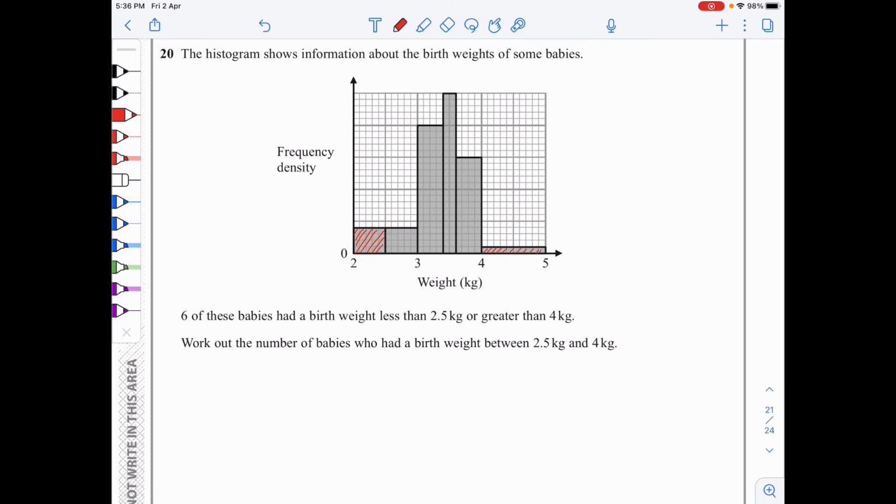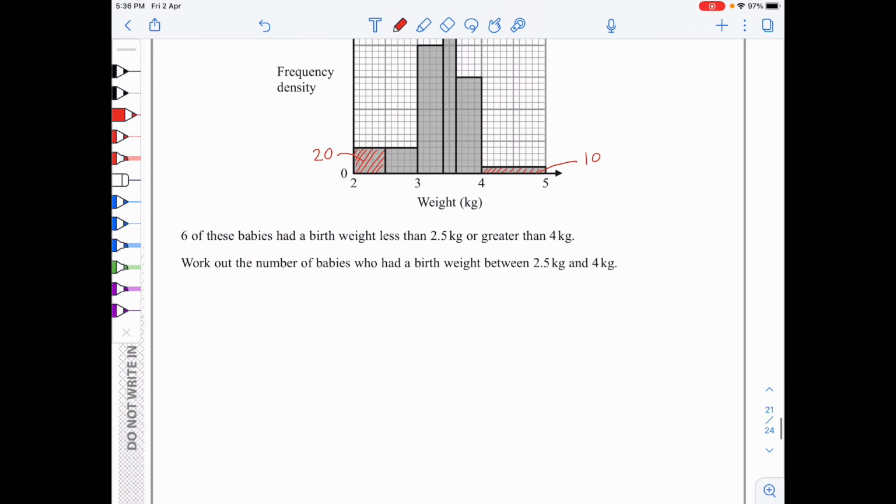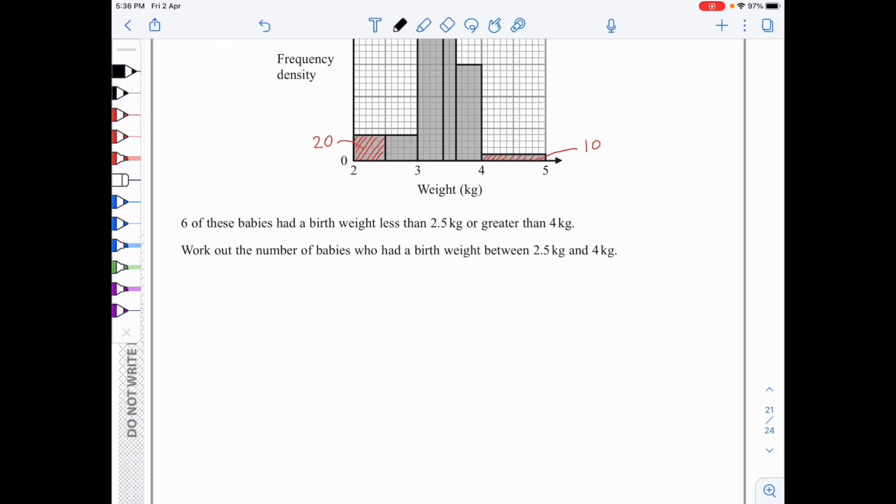I'm just going to concentrate on the small squares. I've got 5 times 4, it's 20 small squares on the left hand side, and then 10 times 1, it's 10 small squares on the right hand side. So we know that 30 squares are representing a frequency of 6 babies.